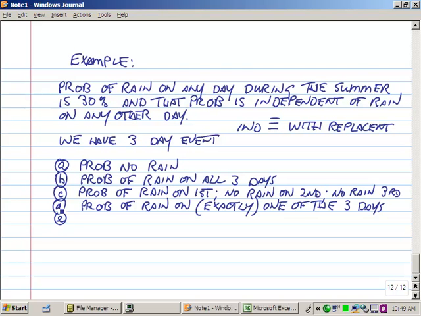And lastly, the probability of rain on at least one of the 3 days.